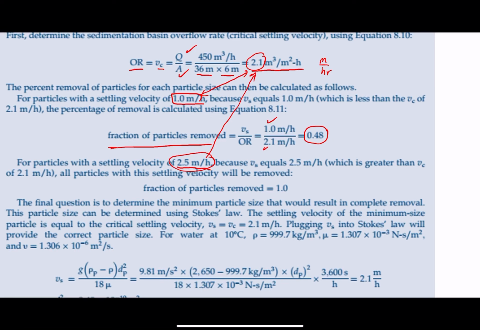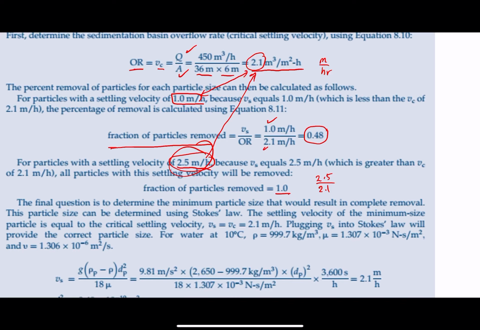They are fast. You can see they are faster than the overflow rate. So you could do it like this: 2.5 over 2.1 times 100. It will give you over 100%. What is the meaning of this? The fraction of this particle removed is 1.